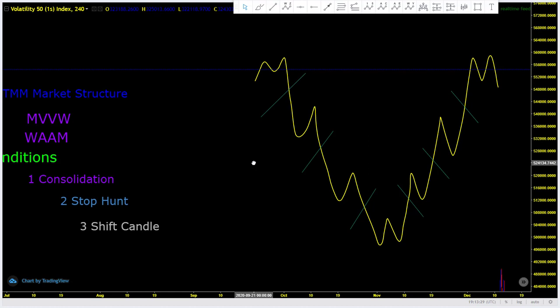For myself, I normally use this as a 1 minute strategy when I'm looking for sniper entries, and when I'm scalping, when I don't feel like trading and I want to scalp, I just look for these three things. I look for my consolidation, stop hunt and a shift candle. When I'm counting my levels, then I take my trades. So how many levels do I have here? I have 1, 2, 3 levels before the market can correct.